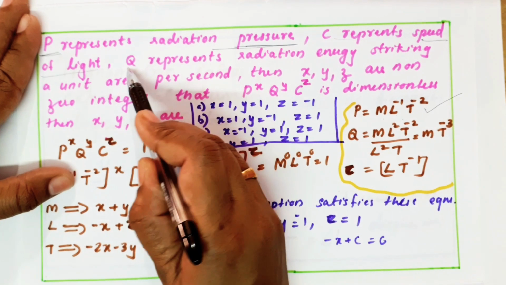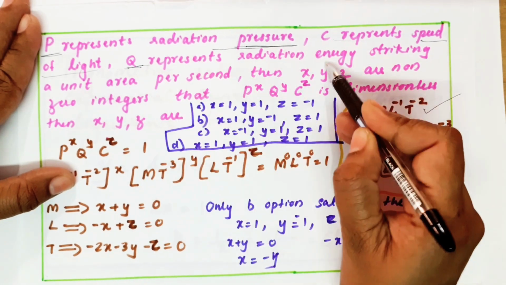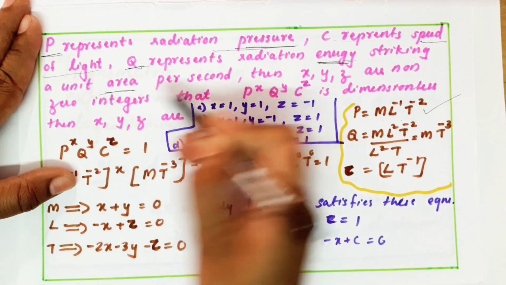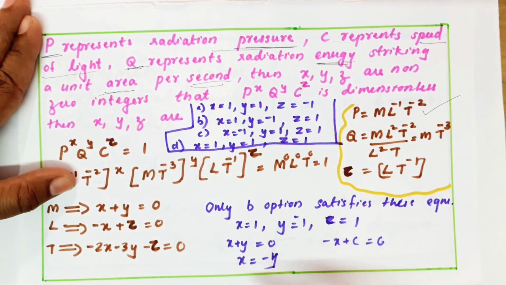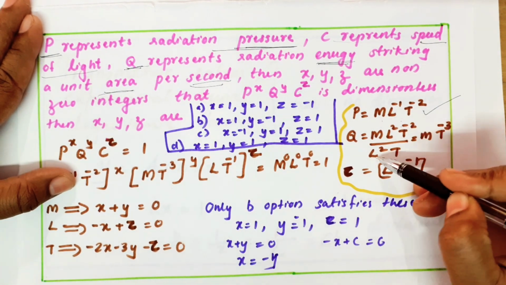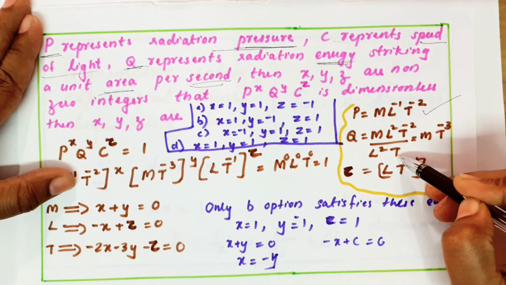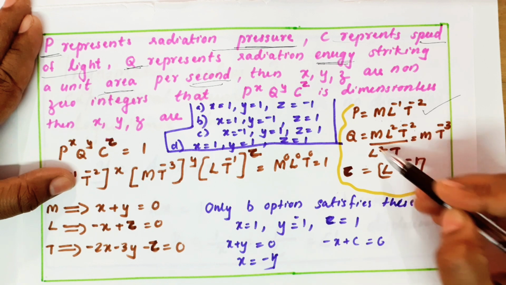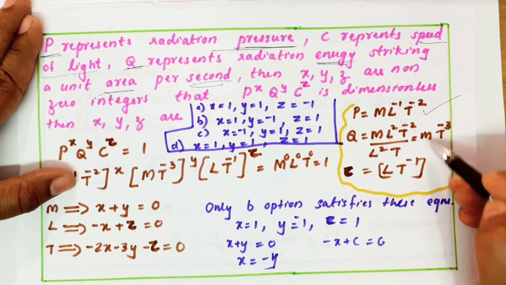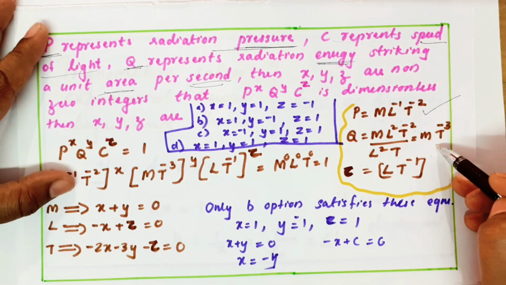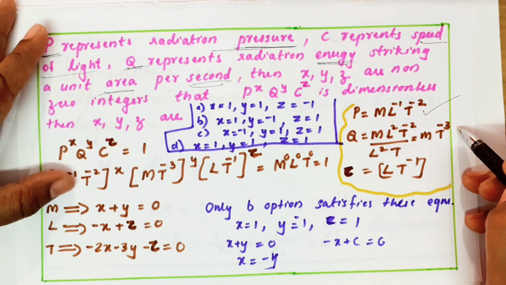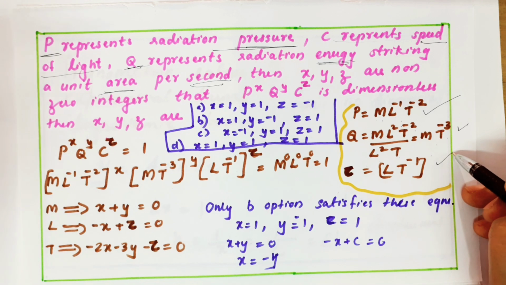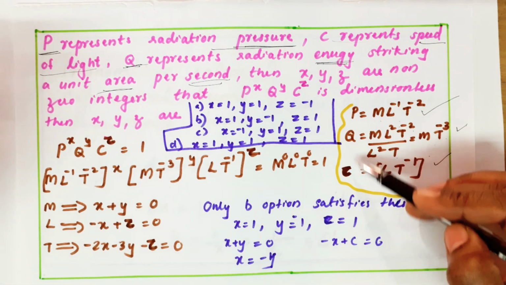Next is a little tricky, Q. Energy, people won't read fully. Energy per unit area per second. What is the meaning? Energy by area by time. So energy is ML square T minus 2, area is L square, and time is T. If you solve this one, we will get MT power minus 3. So when you see the question, that time only you have to write what are the terms they give.